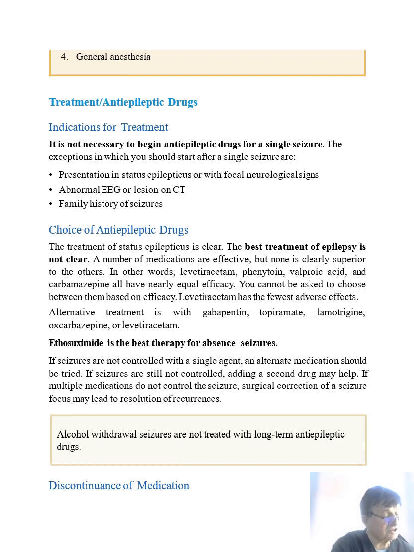In other words, levetiracetam, phenytoin, valproic acid, and carbamazepine all are near equal in efficacy. You cannot be asked to choose between them based on efficacy. Keppra has the fewest side effects.